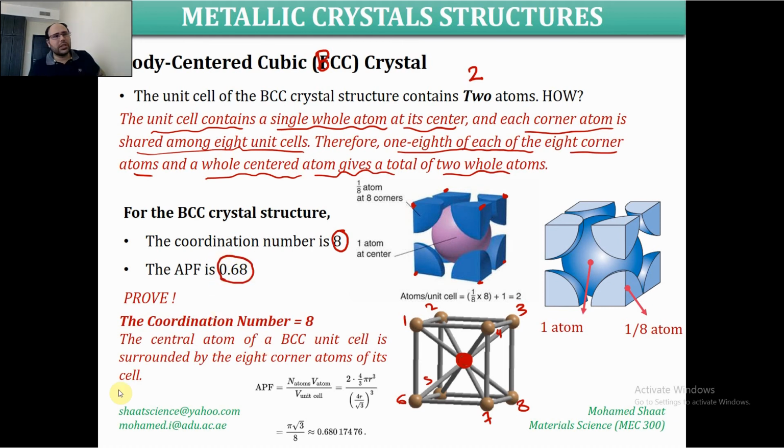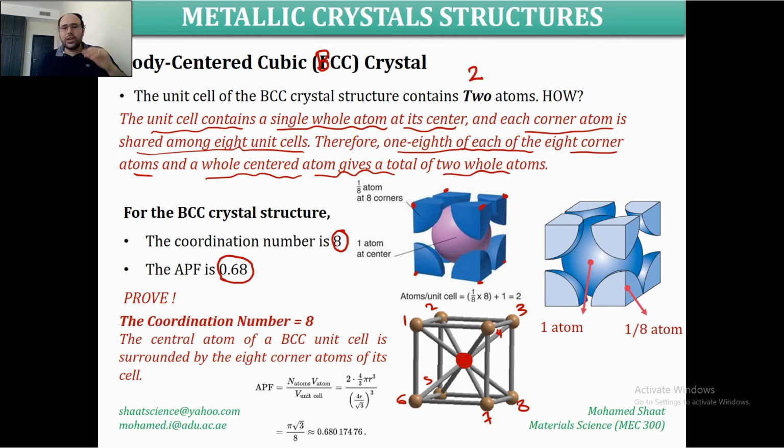How about the atomic packing factor? The atomic packing factor is 0.68 for the BCC crystal structure, but for the FCC crystal structure, it is 0.74. So what does this mean? This means that the FCC crystal structure is more dense. It is more crowded than the BCC crystal structure in terms of atoms. 74% of the FCC crystal structure is filled with atoms, but only 68% of the BCC crystal structure is filled with atoms.